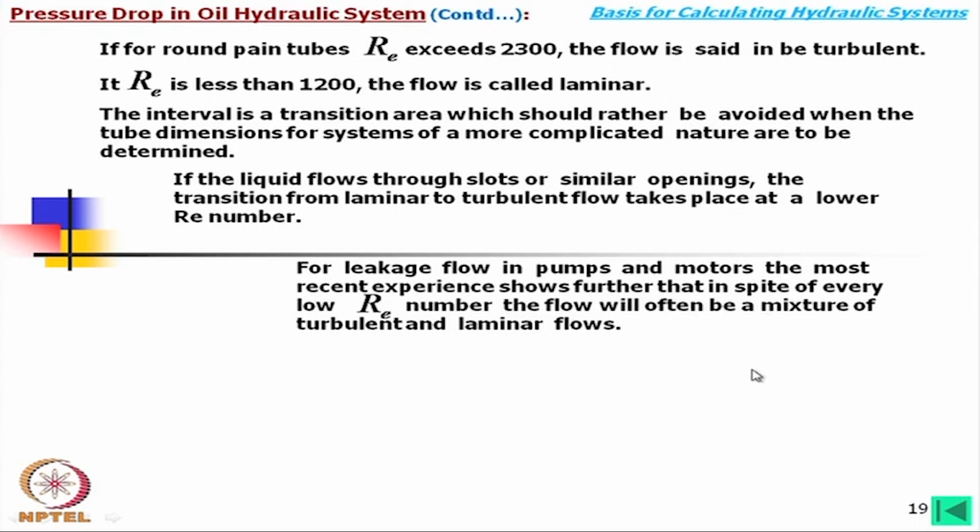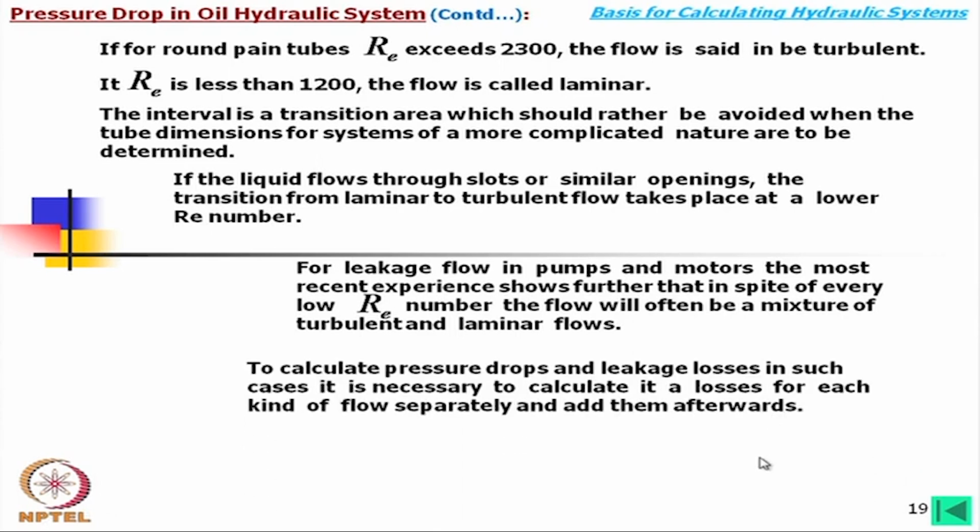Actually, in valve flow it is like that. To calculate pressure drops and leakage losses in such cases, it is necessary to calculate losses for each kind of flow separately and add them afterwards.